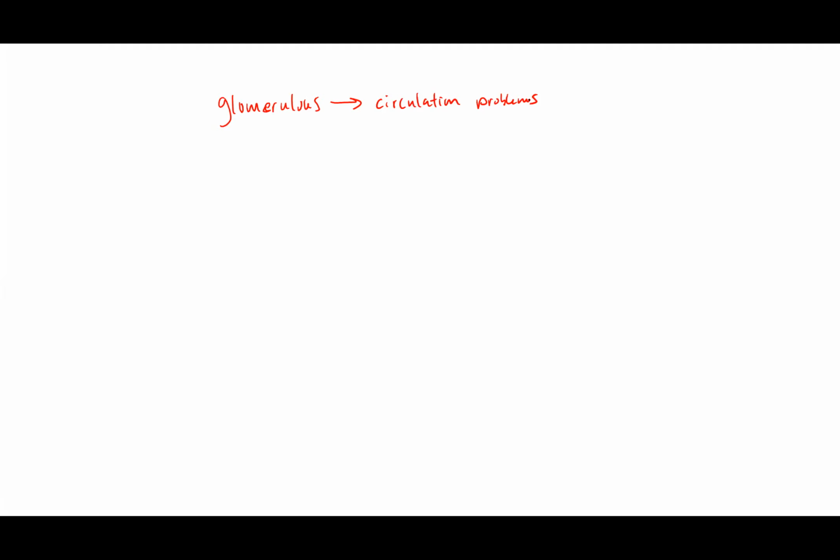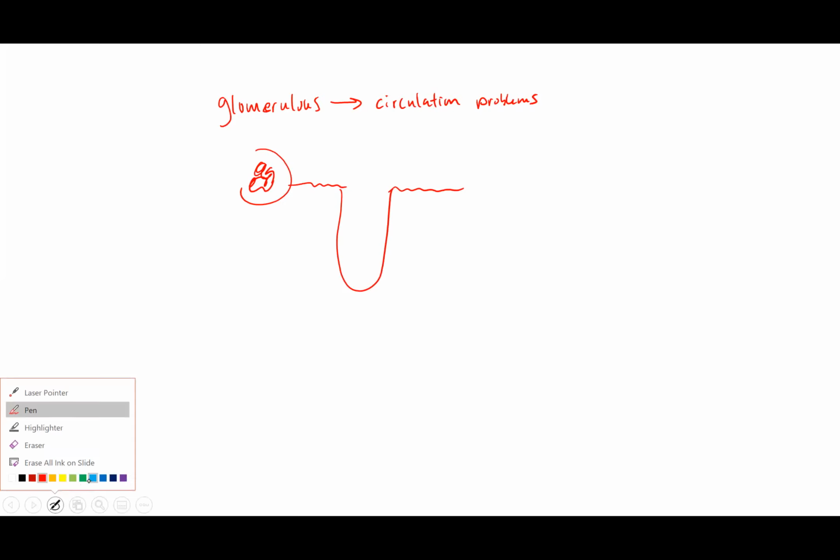So there's something blocking the glomerulus, right? So going back to our glomerulus with a knot of capillaries, proximal convoluted tubule, loop of Henle, distal convoluted tubule.